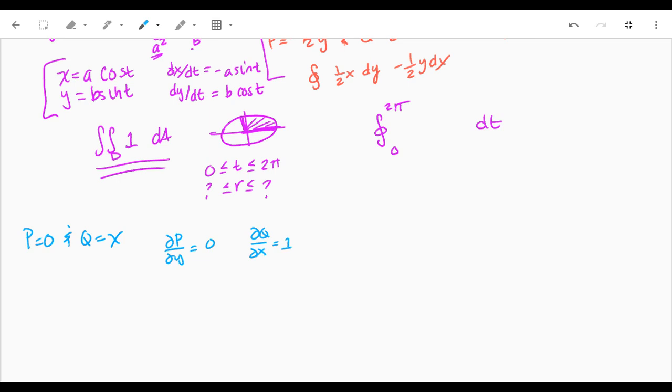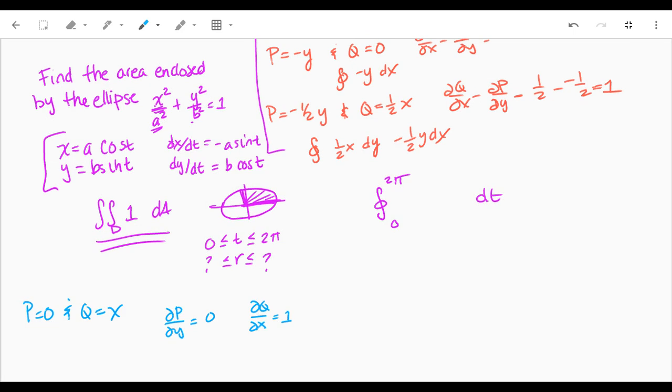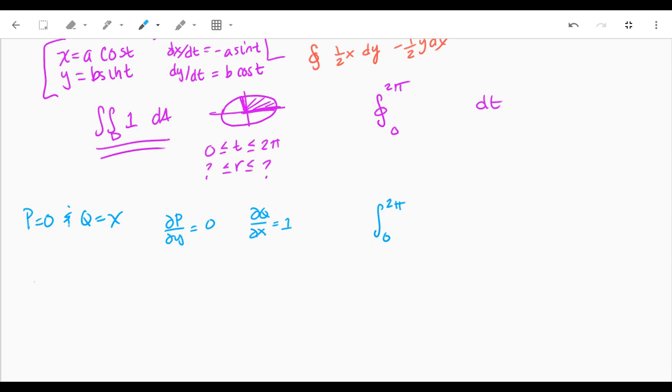Okay, so we would do the integral from 0 to 2 pi of, and again, I'm just going to rewrite Green's theorem here so I don't have to keep scrolling up to show you.